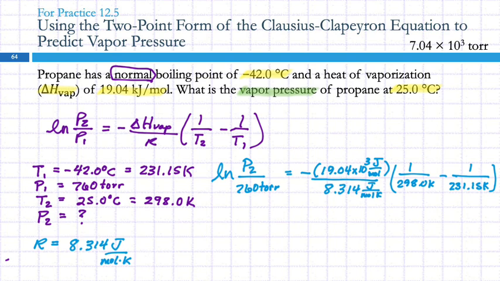We're not doing any least common denominators for the fractions. 2.22253. That's probably good enough. And that's going to equal natural log of P2 divided by 760 torr.